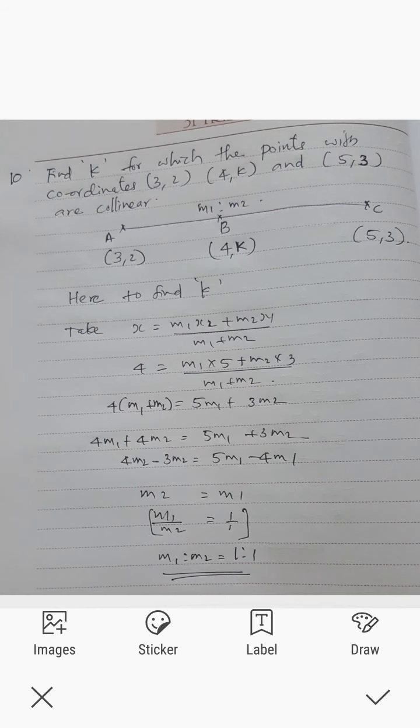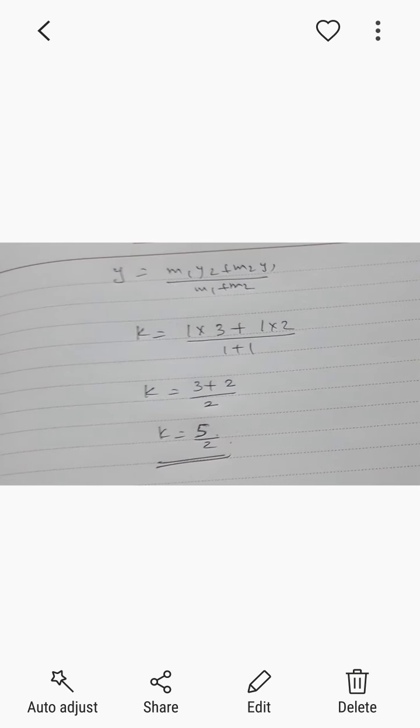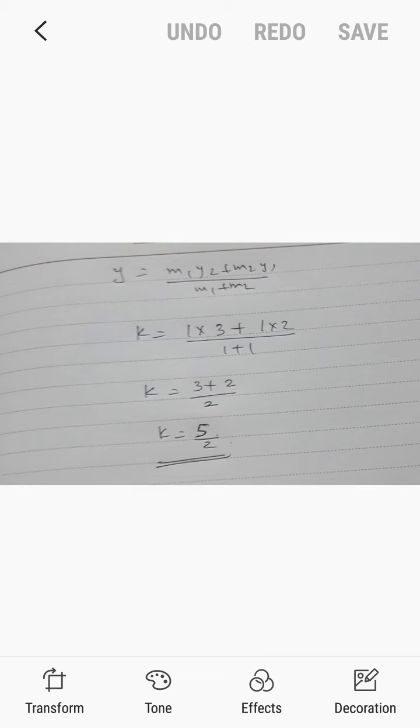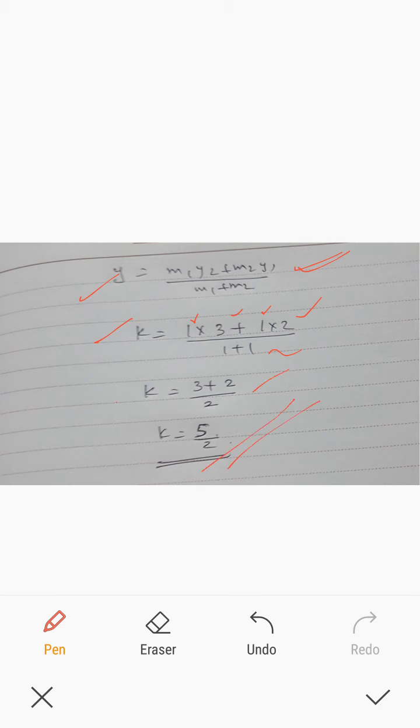Here we have to find y now. y was the variable. We have to find the y coordinate. So using the formula y equal to m1 y2 plus m2 y1 by m1 plus m2, y is given as k, equal to m1 is 1, y2 is 3, plus m2 is 1 into y1 is 2, divided by m1 plus m2, 1 plus 1. k equal to 3 plus 2 by 2, k equal to 5 by 2.